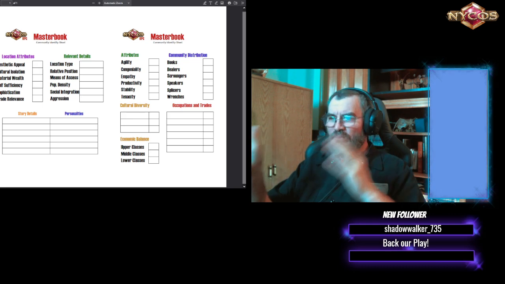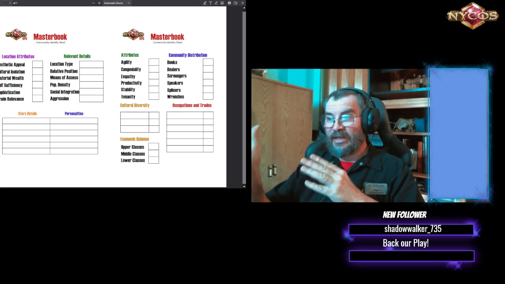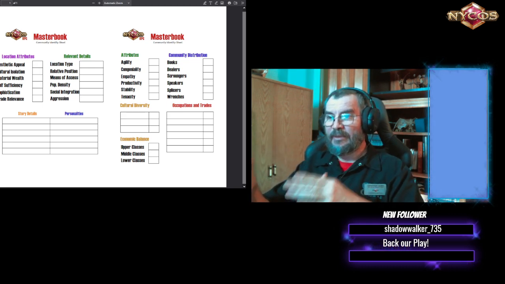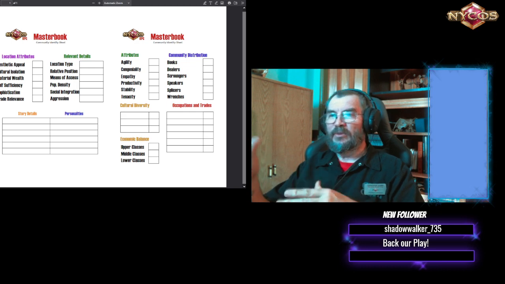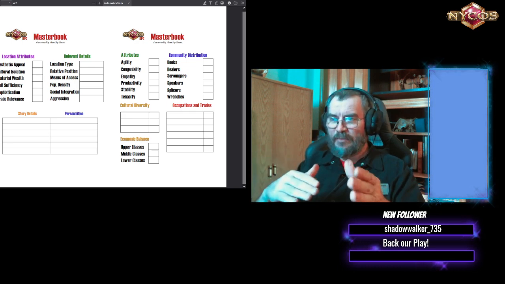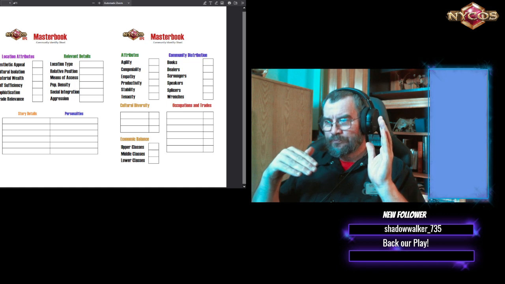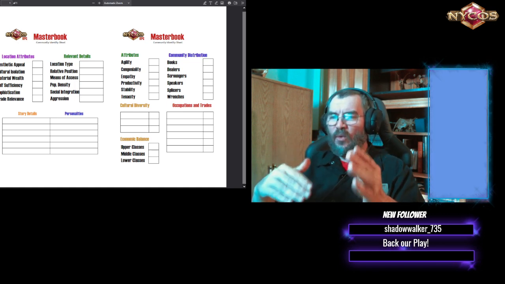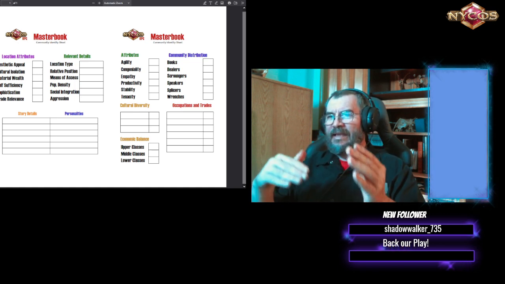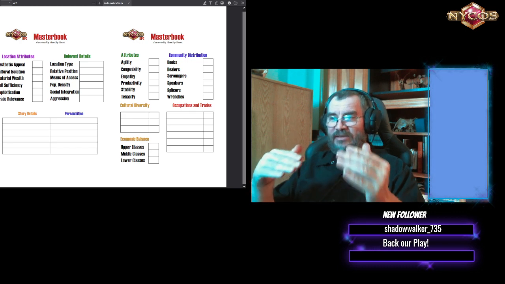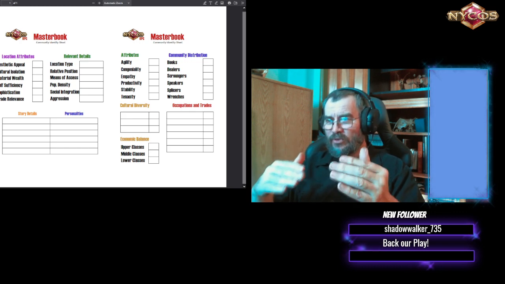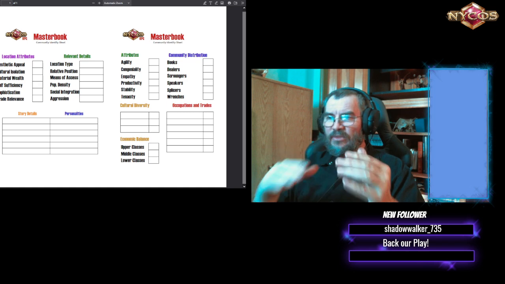And so before it was talking about the general community and how quickly they can respond and things like that, but it doesn't really say what they hold valuable. In this case, the locational attributes will show us what they hold valuable and to what degree they're willing to support or hold to those particular points.